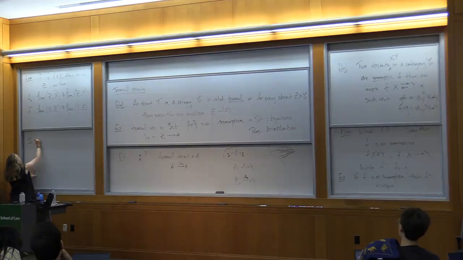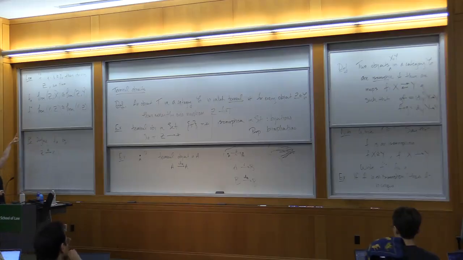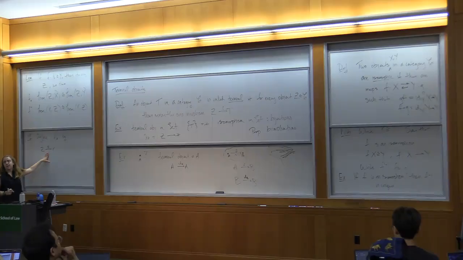So define this map, f star. f star is going to go from left to right, of course. I'm going to take an arbitrary element in this Hom set of X, something that looks like g from Z to X.